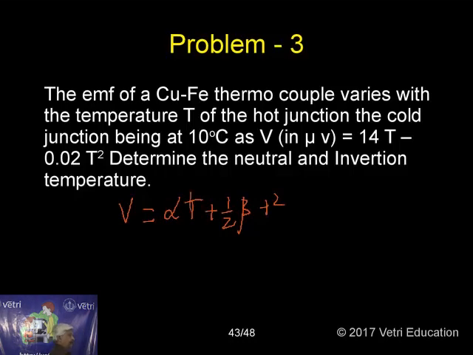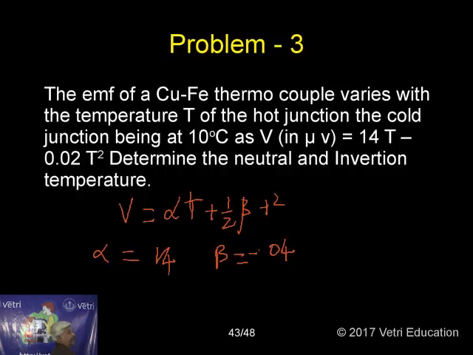Here, compare this equation. Alpha is equal to 14 microvolt. Beta is equal to minus 0.02, so half beta means it should be multiplied by 2, that is minus 0.04.